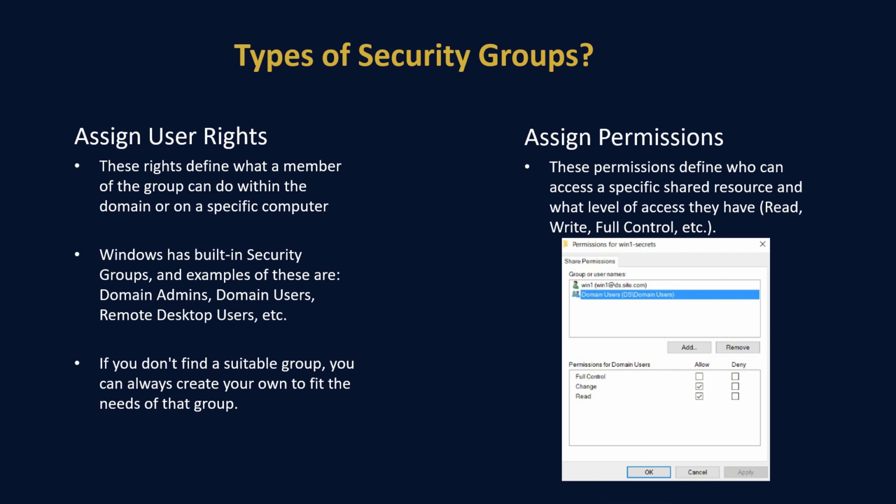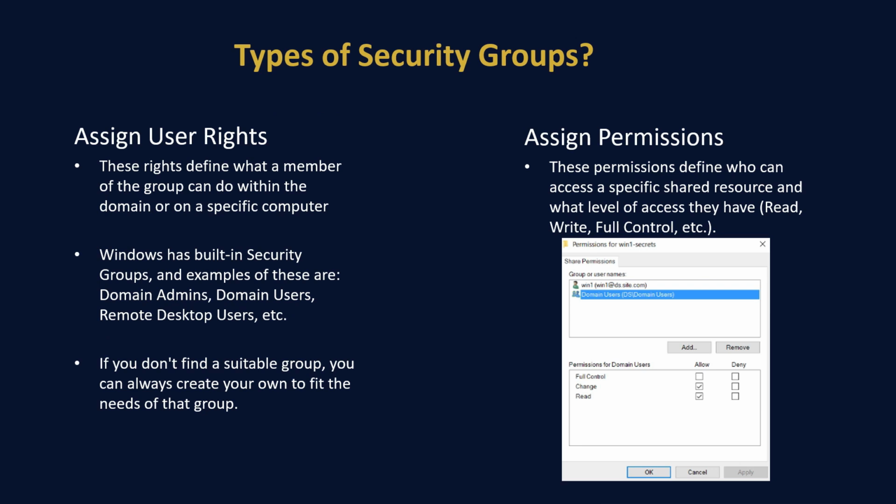The second job is assigning permissions. This is different from user rights. Permissions control who can access a shared folder, file, or resource, and what they can do with it. This is where you choose the level of access: read only, write, change, or full control. For example, look at the screenshot on the right. We're assigning shared permissions to a folder.